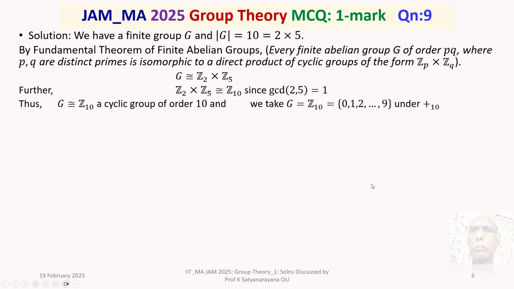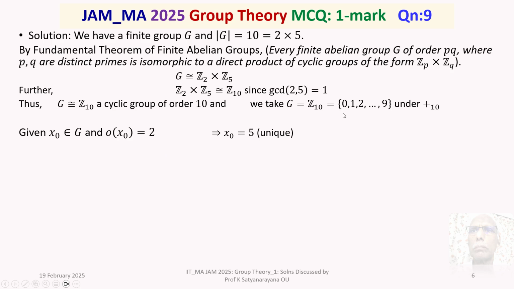This is what we have done so far. Let us take capital X. Given x0 belongs to G, and it's also given the order of x0 is 2. So, in Z10, what are those elements whose order is 2? Order is 2 in Z10 means x0 plus x0 modulo 10 is equal to 0.